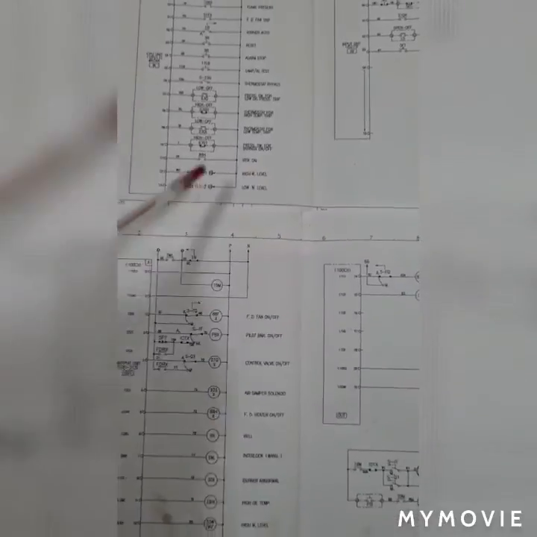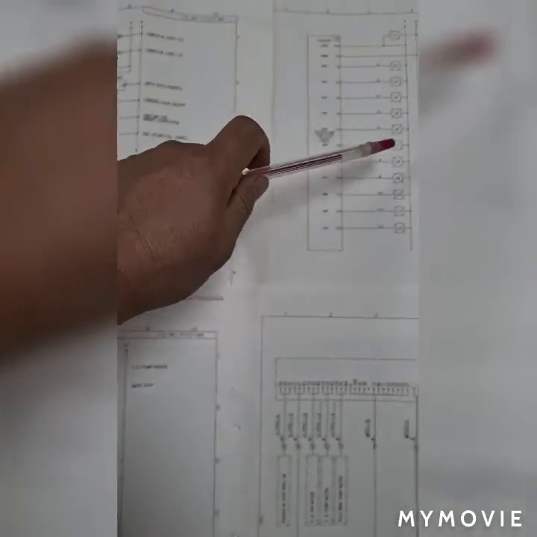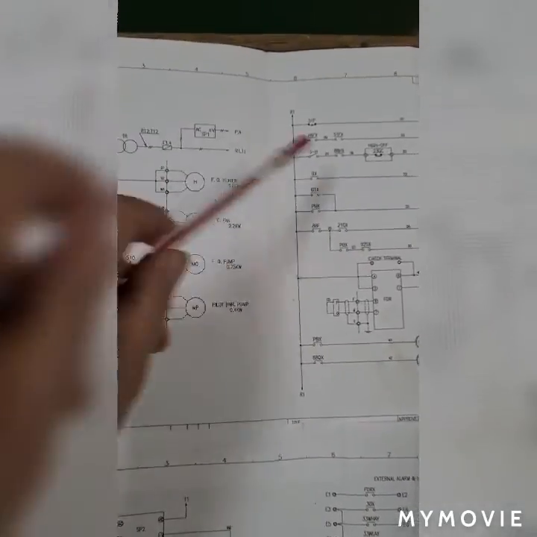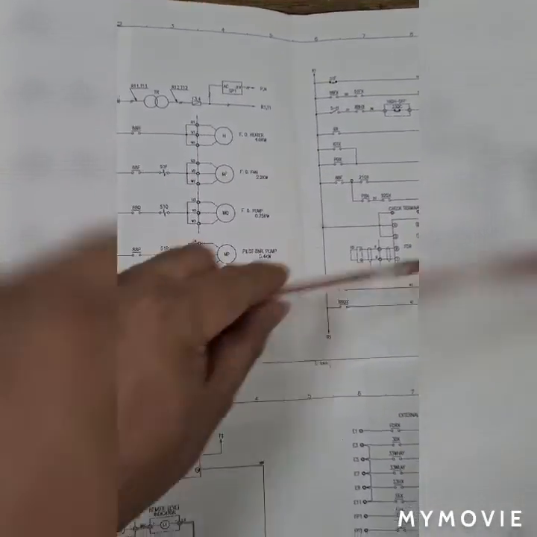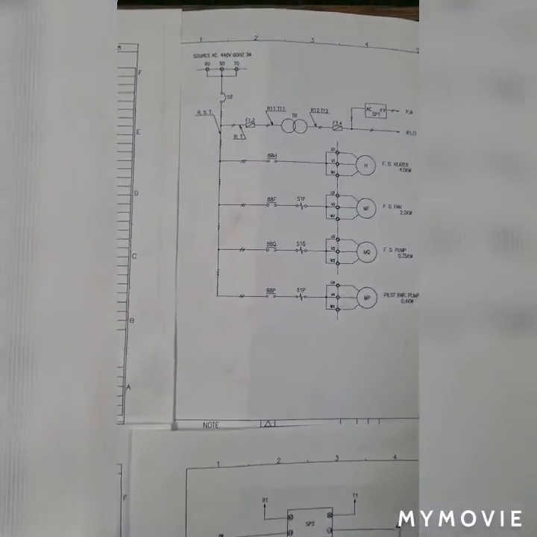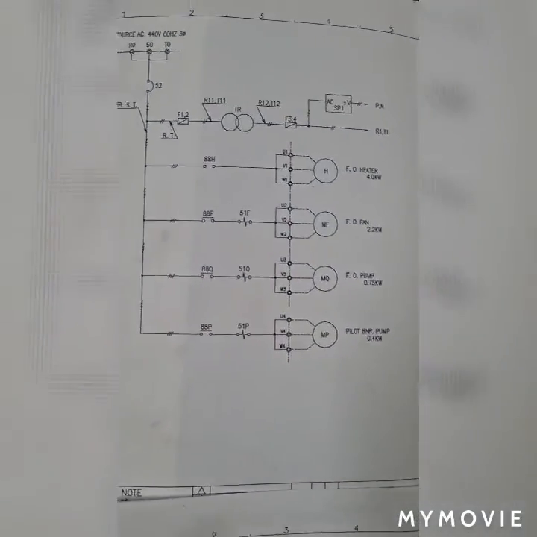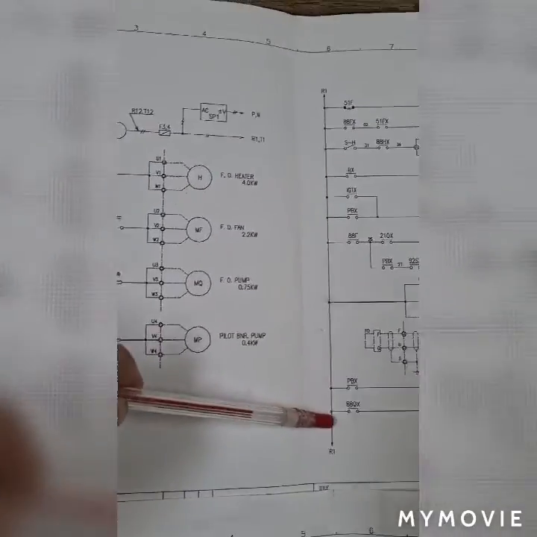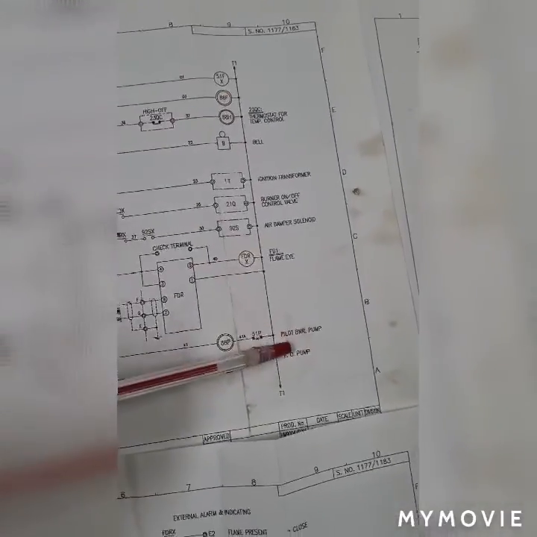This is my PLC 1, 2, 3, and here I have my hardwired electrical connections. From here you will see the R1 and T1.